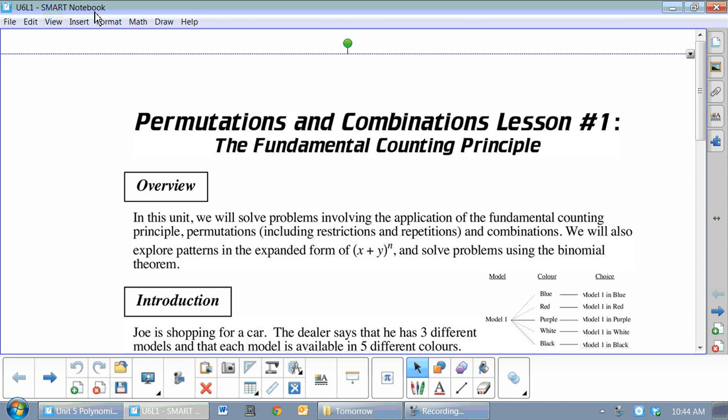Now, this whole unit is about how many options are there. There are two types: permutations or combinations. We're going to go into detail on both of these a lot later, but for permutations, order matters.